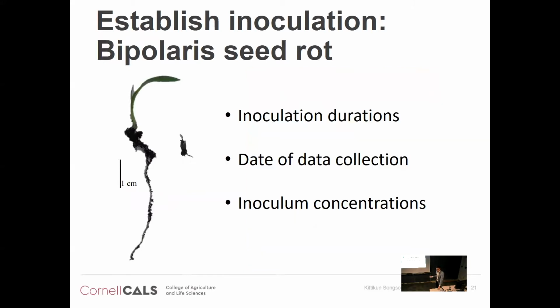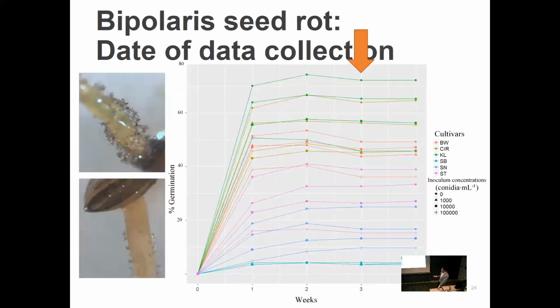So I set up the screening method based on the variation, and I found that the first week shows the highest germination.